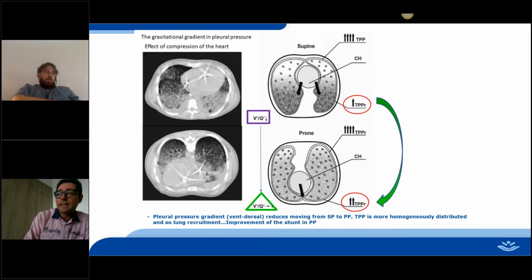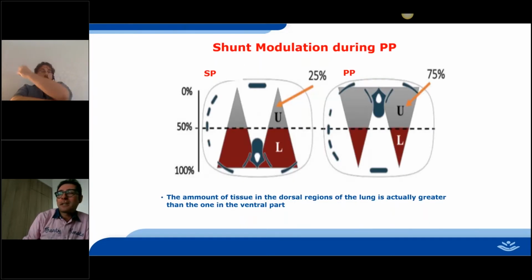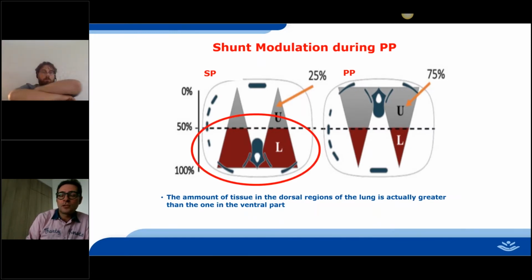Of course, this is a temporary approach because the prone position cannot be maintained for the whole ECMO run, but it helps in improving the homogeneity. And from a microscopic point of view, one of the reasons oxygenation improves is that a great part of our tissue mass in a supine position is in the dependent region.